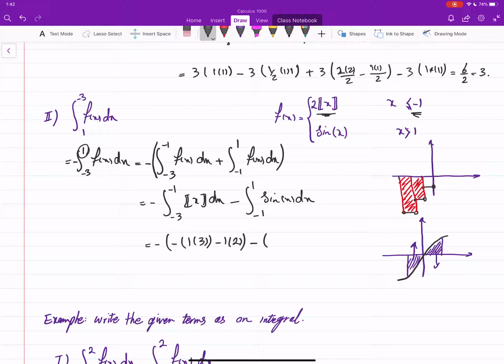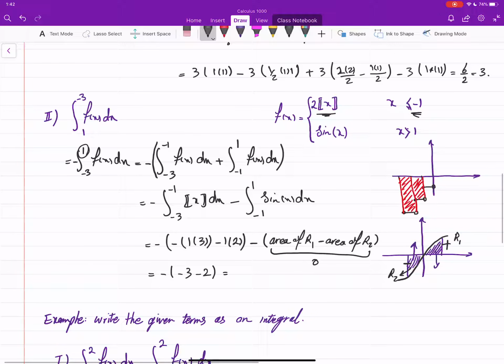First of all, this is the positive part, this is negative, so the area of R1, let me call it R1, minus the area of R2. But these are the same thing, so if you subtract them, you will get 0 for this piece, and here we will get -3 minus 2, which will give us in total 5.